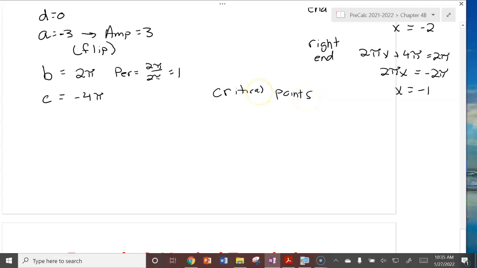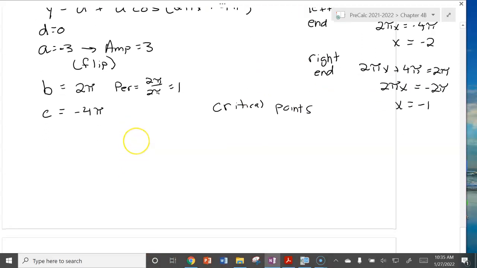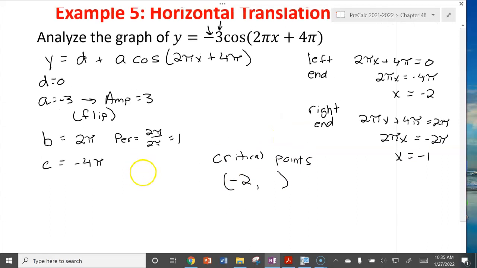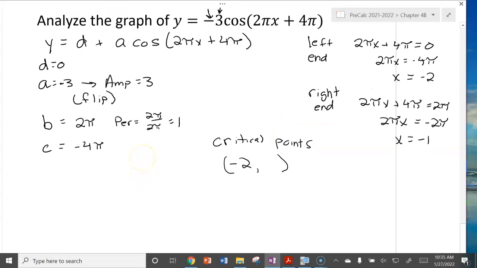All right, so our first critical point is at x equals -2. And we know because this is a cosine, that's going to be a maximum. But we've got a flip. So instead of maximum, I'm going to change that to a -3.